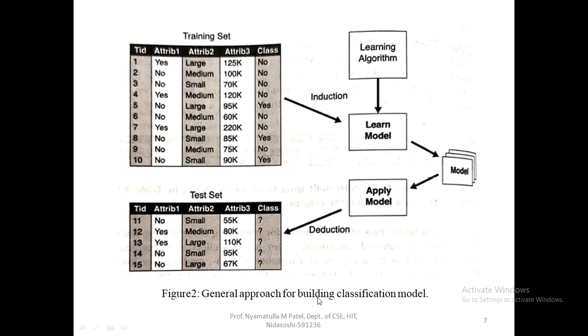So now the general approach for building a classification model. Here you have a training set with transaction ID 1, 2, 3 and 4, attribute 1, attribute 2, attribute 3 and class.